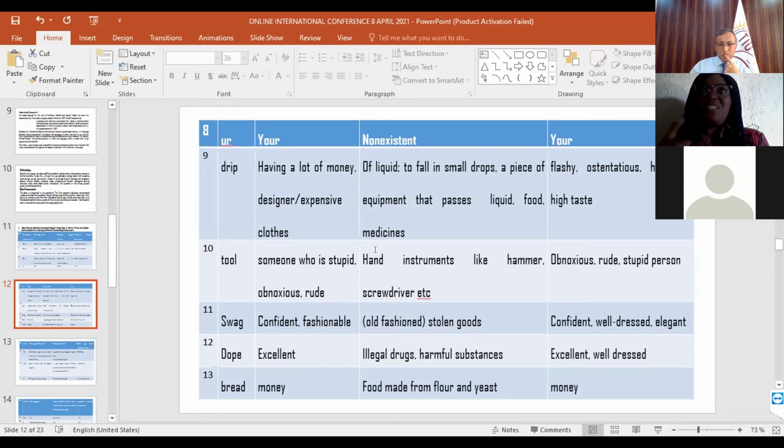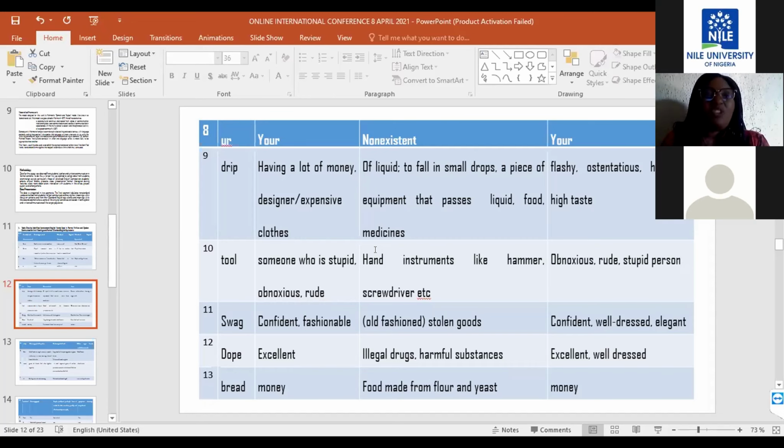Drip, as used in the non-standard, although very trendy usage, is having a lot of money, designer or expensive clothes. Apart from students using this, you also hear that from the lyrics of popular musicians.